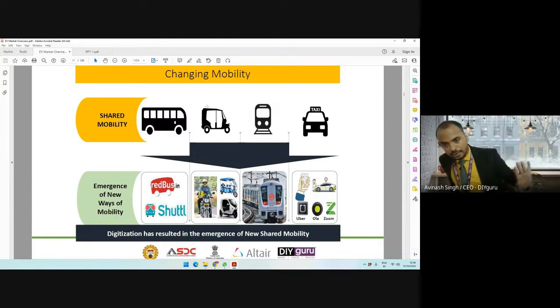Just imagine if you are somebody who is 30-35 years of age, and if you are in 2010, and then you compare the mobility in 1998 or 2000, not much had changed in that time. So the last decade has been a revolutionary shift in the whole mobility industry, right?